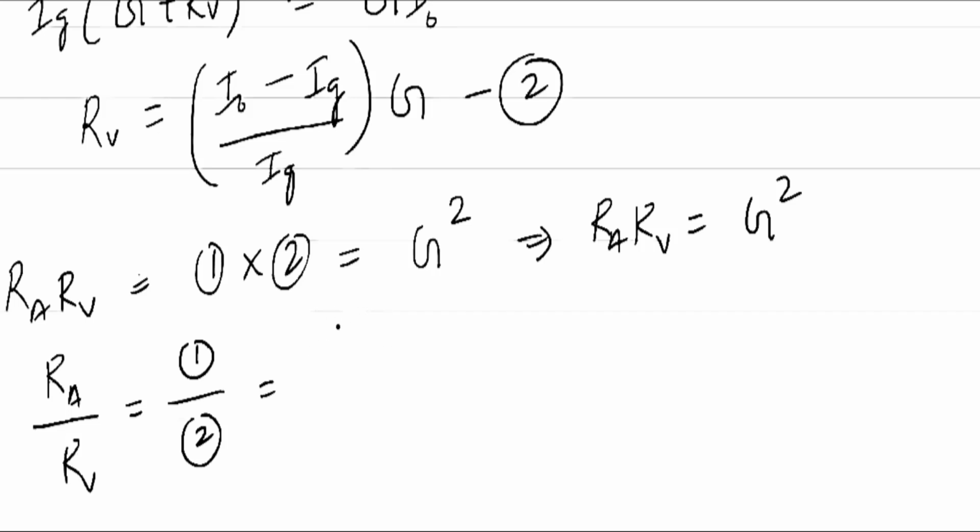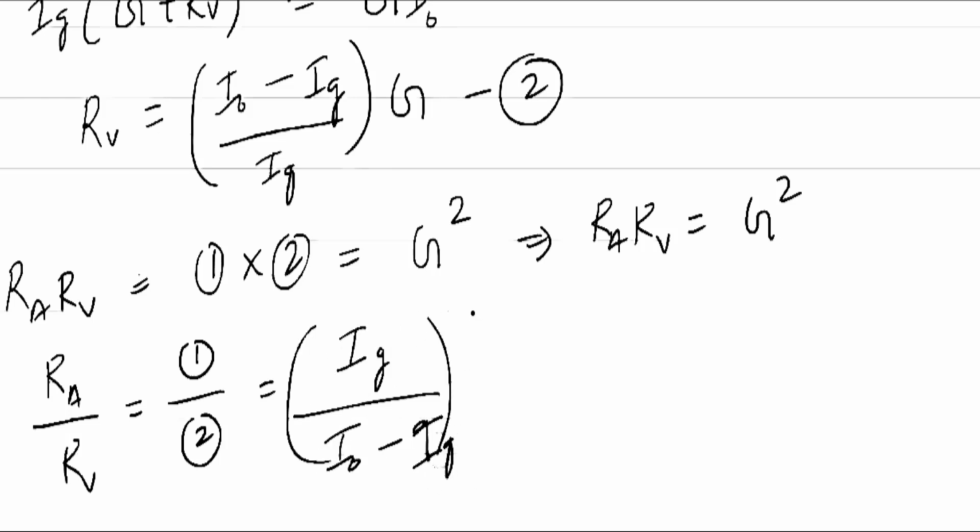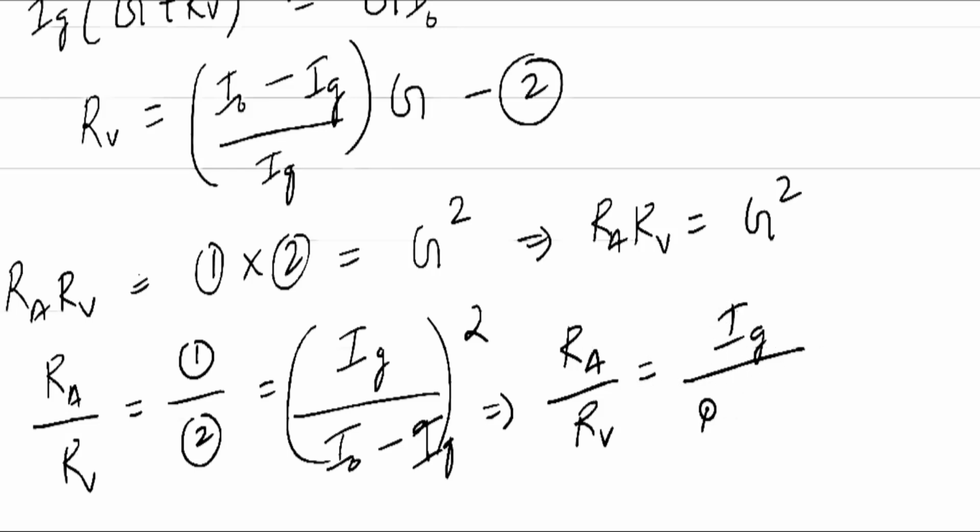So we will get Ig upon (I naught minus Ig) the whole square, as both get multiplied with itself. Therefore RA upon RV is equal to (Ig upon (I naught minus Ig)) the whole square.